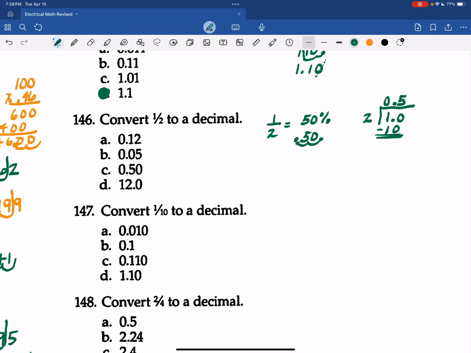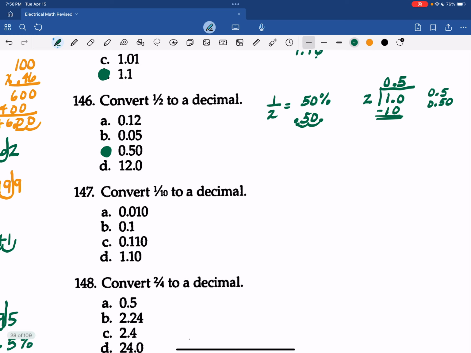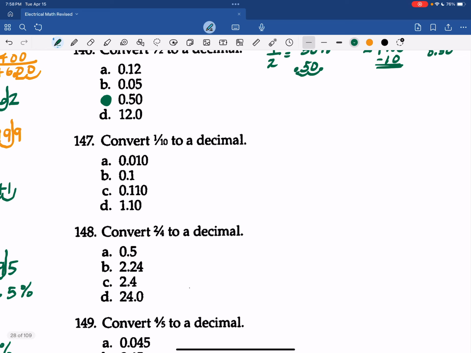Be careful though. You have to know that 0.5 and 0.50 are the same amount. That one, believe it or not, can cause a lot of problems. A lot of students I know would pick B, as in boy. But be careful. Just slow down and be sure that you're looking correctly. 1/10.